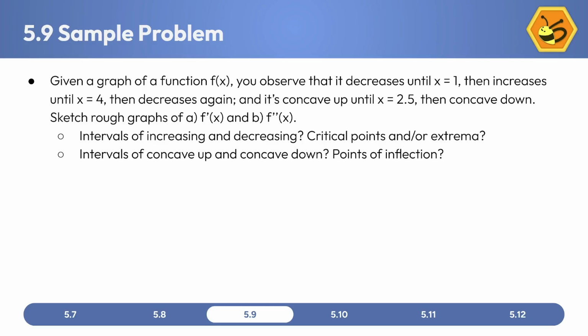So try to draw rough sketches of f prime of x and f double prime of x. I also drew f of x, but since we already know some things about f of x, it's all right if you don't graph that as well. So everyone, let's try to graph f prime of x and f double prime of x.